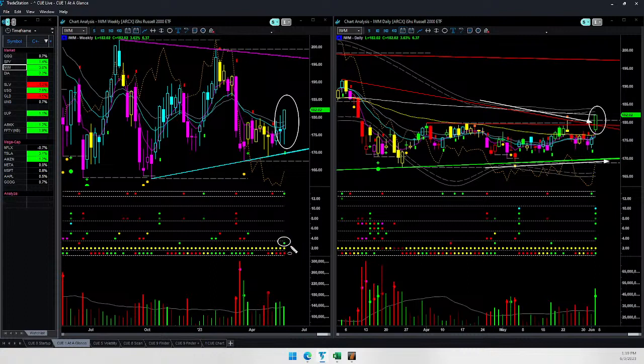Weekly has a reversal candle as well. Daily has big move up 3, the extreme bullish momentum signal. You can say the father of all momentum signals. Very strong bullish momentum in IWM.